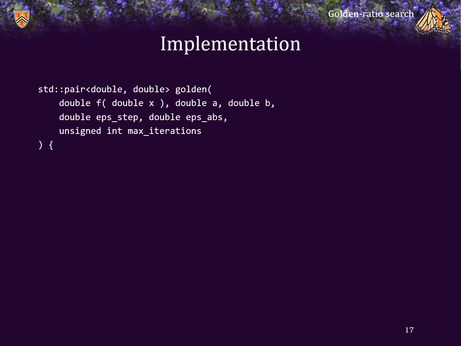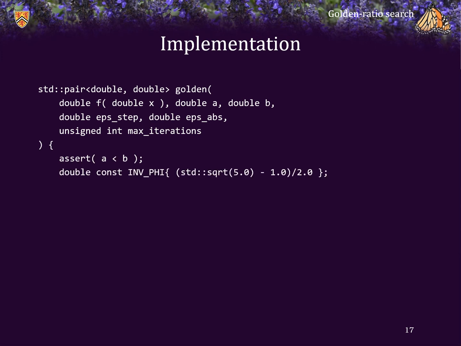The epsilon step size is the maximum error we're willing to tolerate, sort of. Epsilon absolute is the maximum error in the minimum value, how low it is, and then the maximum number of iterations. So first, let's assert that a is less than b.